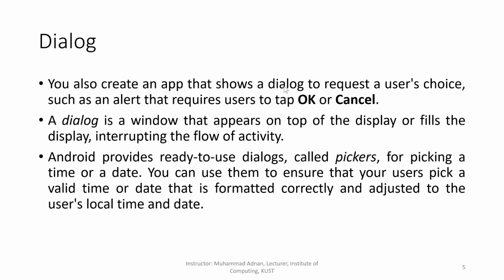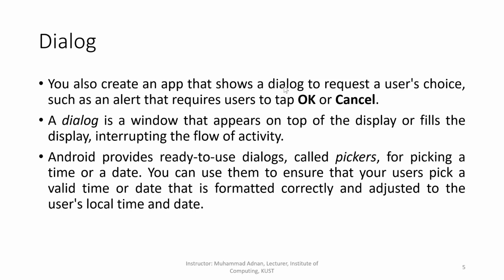And then we have another term called dialog. You also create apps that show a dialog to request a user choice, such as an alert that requires user to tap OK or cancel. A dialog is a window that appears on top of the display or fills the display, interrupting the flow of the activity.